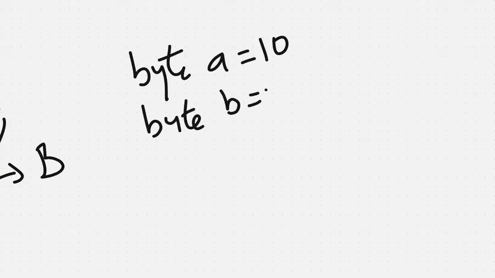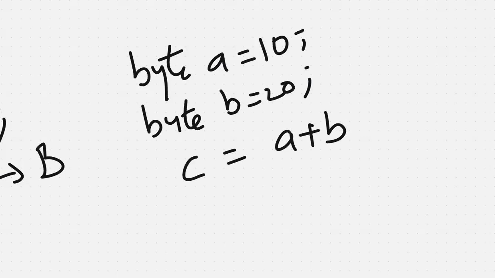These two are containers. The container type is byte. Now I want to add a plus b. The result will be stored in c. So what is the c type? It's a byte, right? But here I can take int. So here the result will come as byte or int.